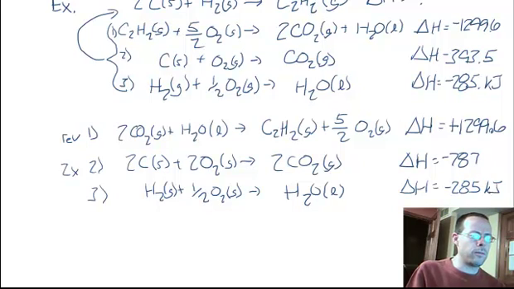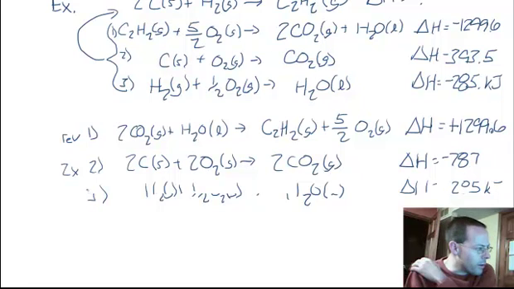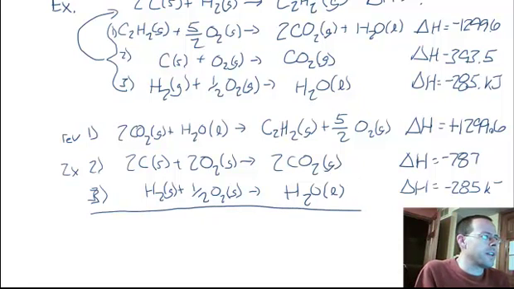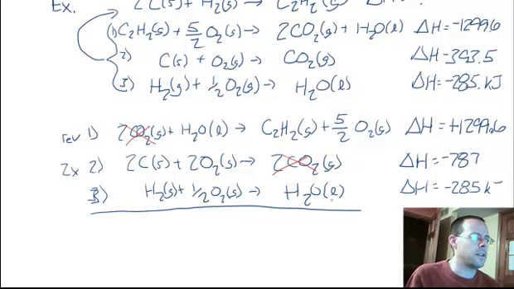Now if I look back at my 3 equations and start adding things up, there are several things I can get rid of. I have 2 carbon dioxides on the reactant side and 2 on the product side, so I can get rid of those. I have a mole of liquid water as a reactant and a mole of liquid water as a product.